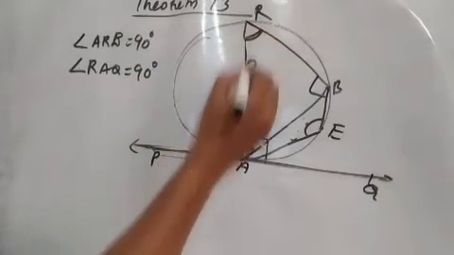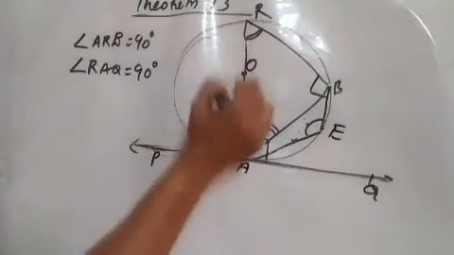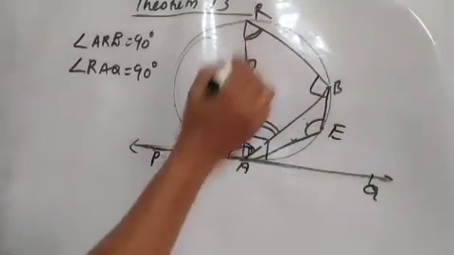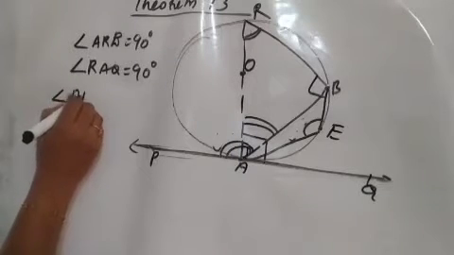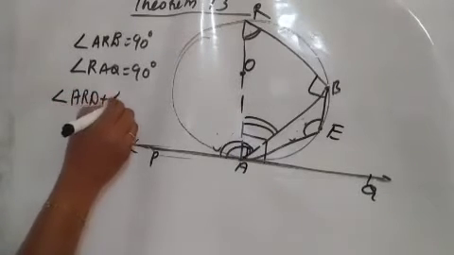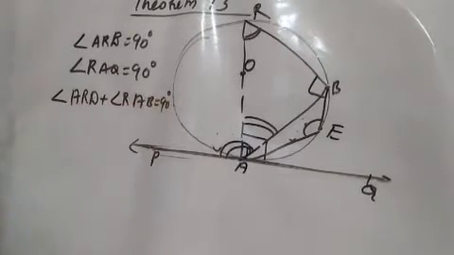Similarly, what is the sum of these two angles? One of the angles in the triangle is 90 degrees, so the sum of the other two is also 90 degrees. That is, angle ARB plus angle RAB is equal to 90 degrees.